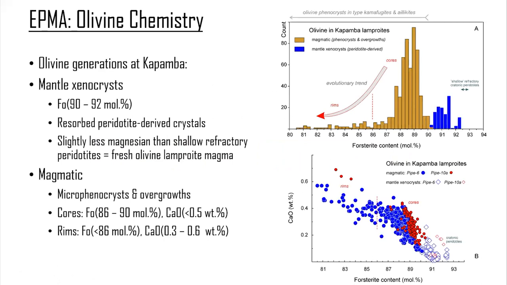We also see that there is the magmatic generation of olivines, which basically constitutes microphenocrysts and overgrowths, and has a core forsteritic content of between 90 and 86 mole percent and a rim forsteritic content of below 86 mole percent. It should also be noted that the calcium content seen for the magmatic olivine microphenocrysts and overgrowths is exceptionally high and is actually atypical for magma types which do not contain any carbonates in them, just as these lamproites.